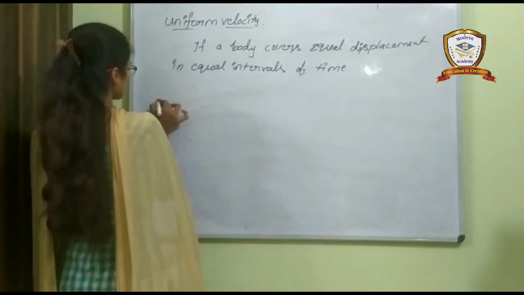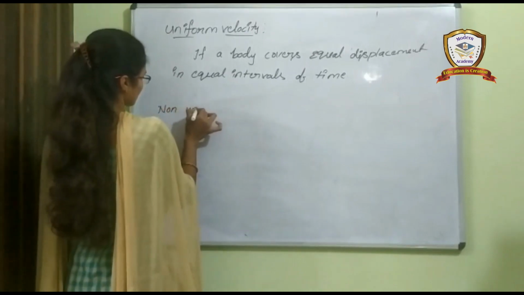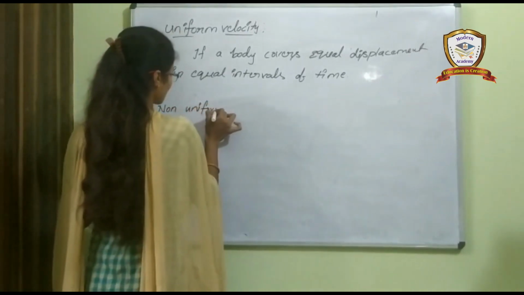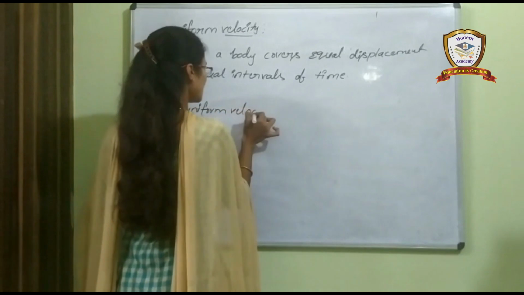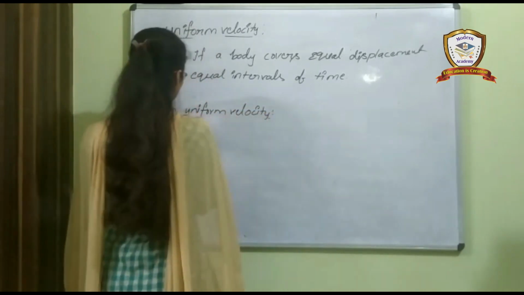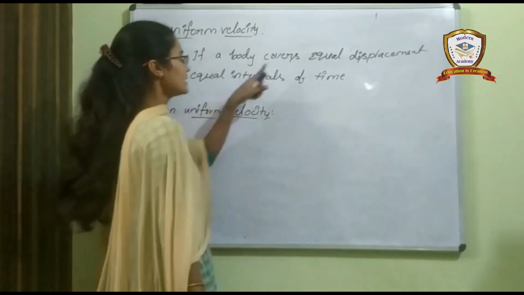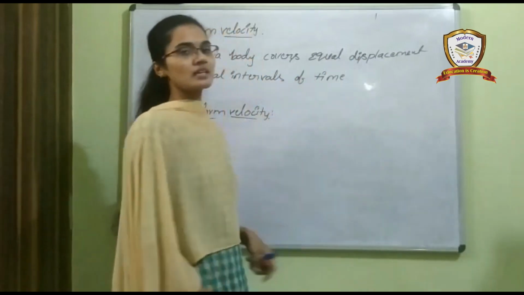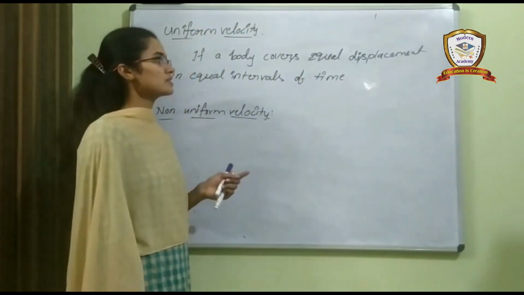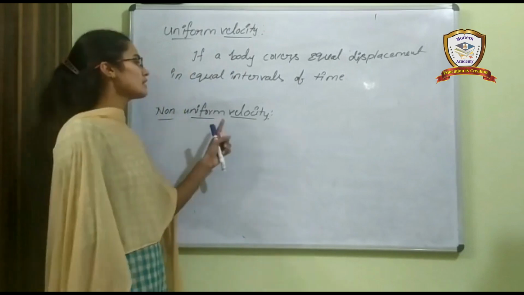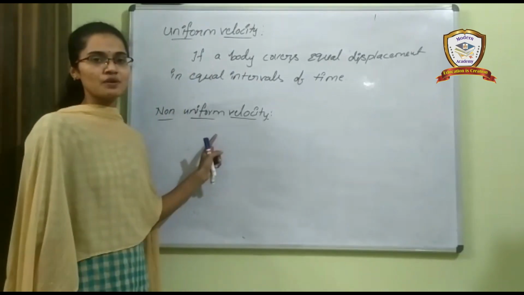Now, non-uniform velocity. Non-uniform velocity is nothing but, if a body covers unequal displacements in equal intervals of time or equal displacements in unequal intervals of time, then a body is moving with non-uniform velocity.